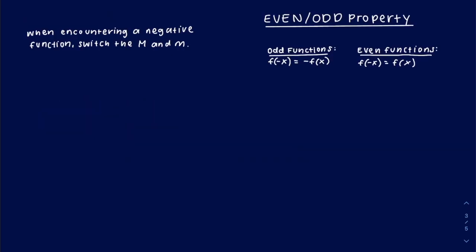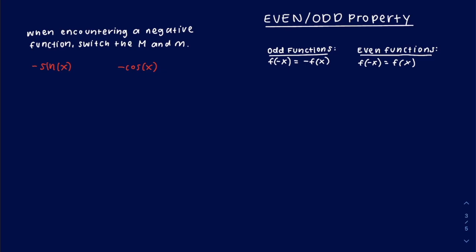Before we move on to some more complicated examples, I want to go over an important rule. So we use the IMImI and MImIM acronym so far, but it's important to note that when we encounter a negative function, so a negative sine x or a negative cosine x, we are essentially flipping the function across the axis.